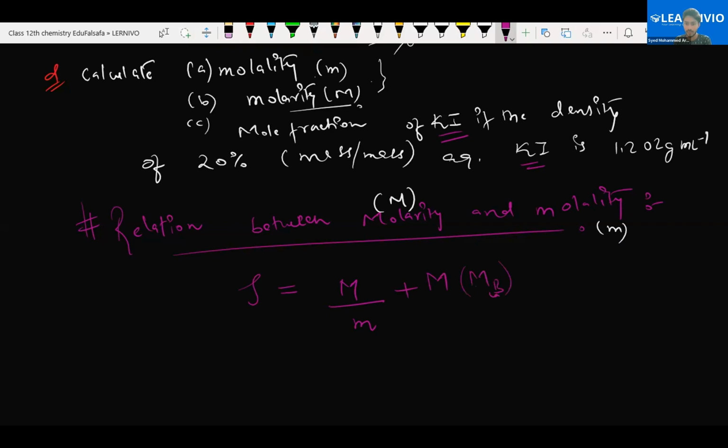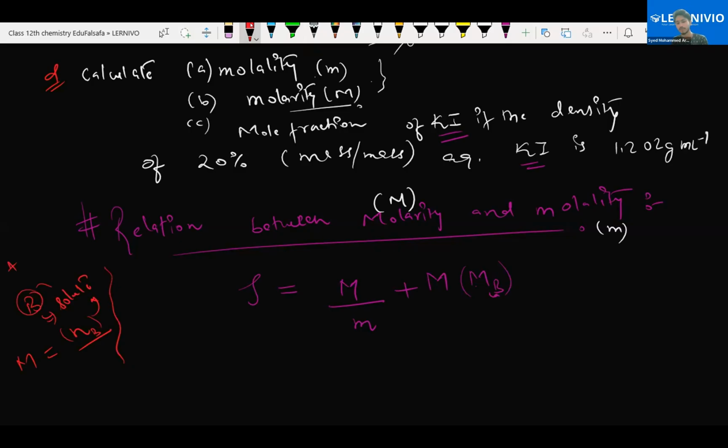In the solution chapter there are some default terminologies, like B usually stands for the solute. If I need to write the formula of molarity, I write moles with subscript B, so this means moles of the solute. B is used for the solute and A is used for the solvent. This is just the notation.